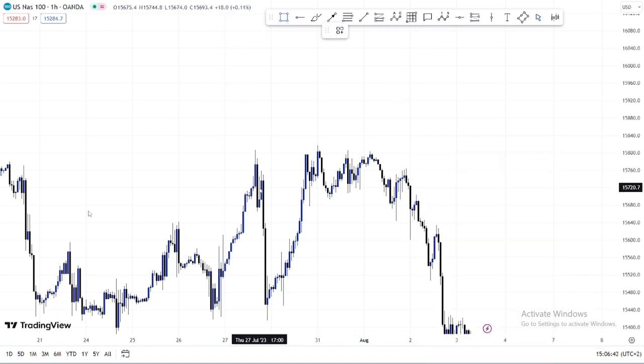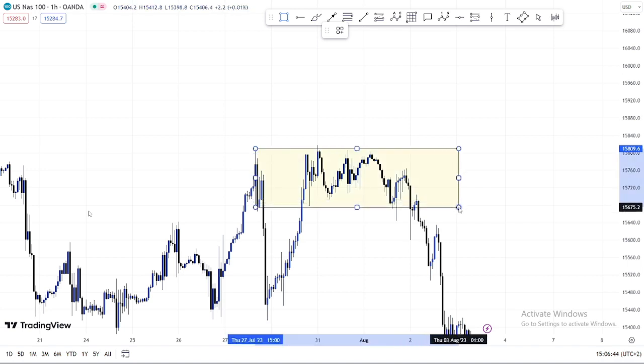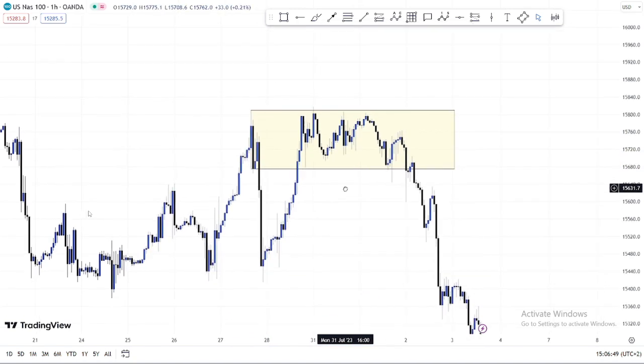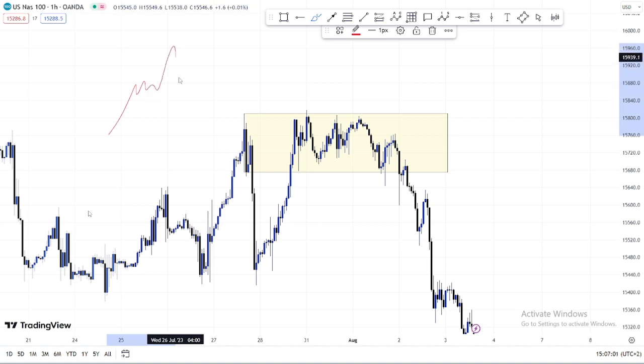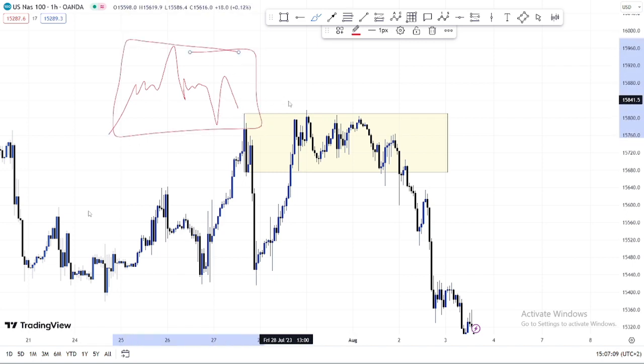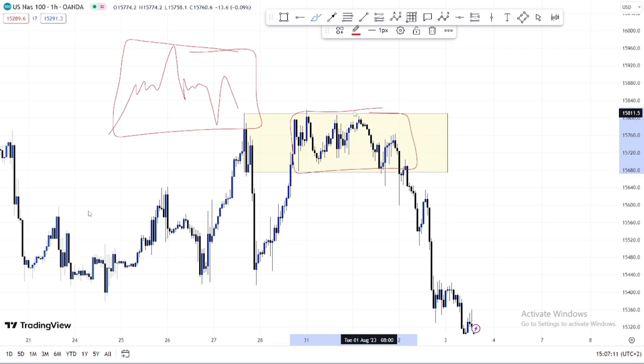So here, this was my area of interest because I was expecting the market to come to this area. When I'm at my area of interest, I'll be looking for reversal patterns, and reversal patterns are my rally, base, rally, then a drop, a base, drop. This is the reversal pattern that I'll be looking for at my area of interest. So this area will be my target.